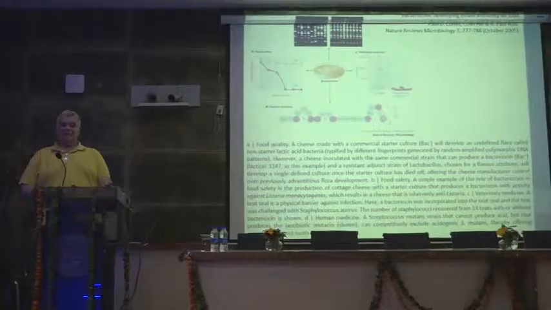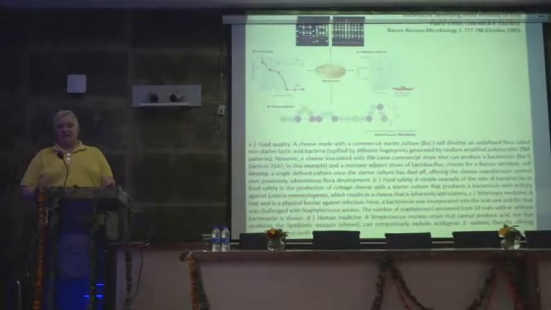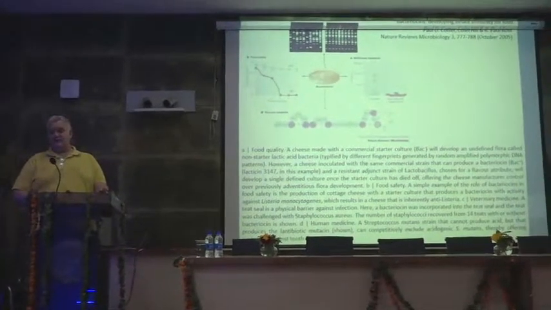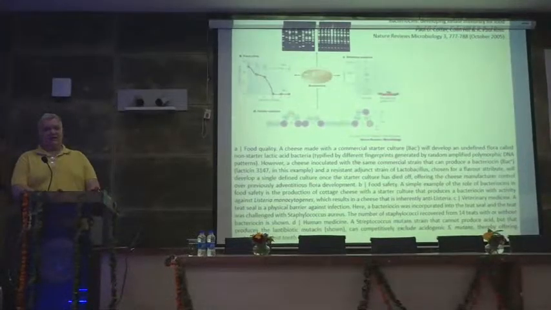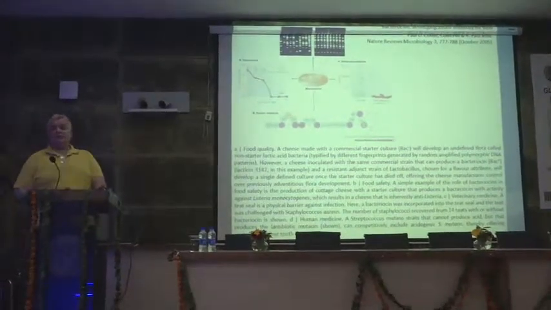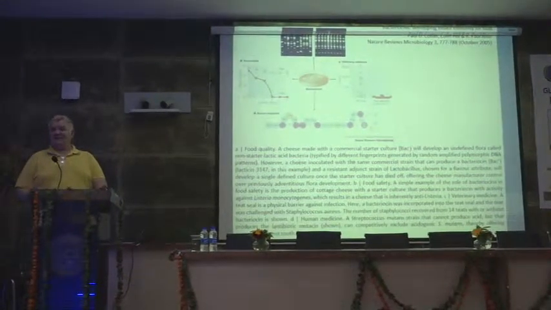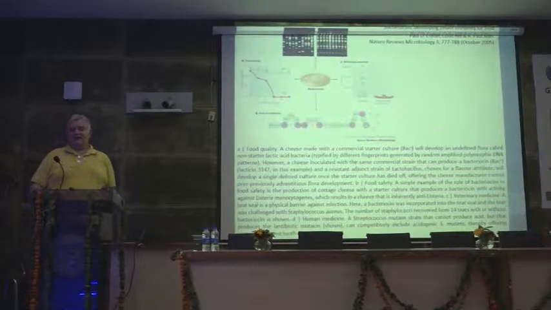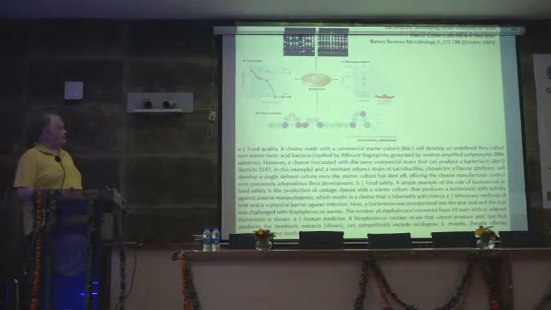But when you use the directed fermentation, when you use the starter culture, and if this starter culture is a bacteriocin producer, you can have much more uniformity, much more stability in your food products. And this is a good advantage of using the bacteriocin producer.